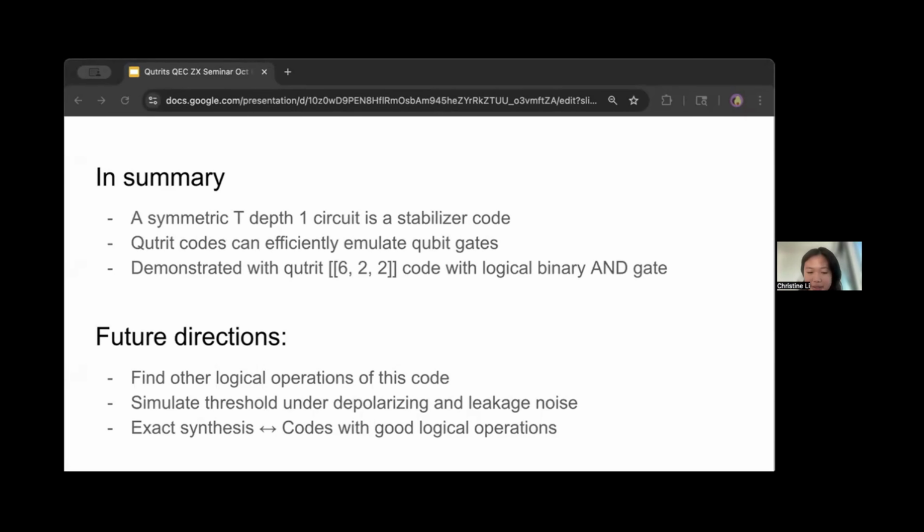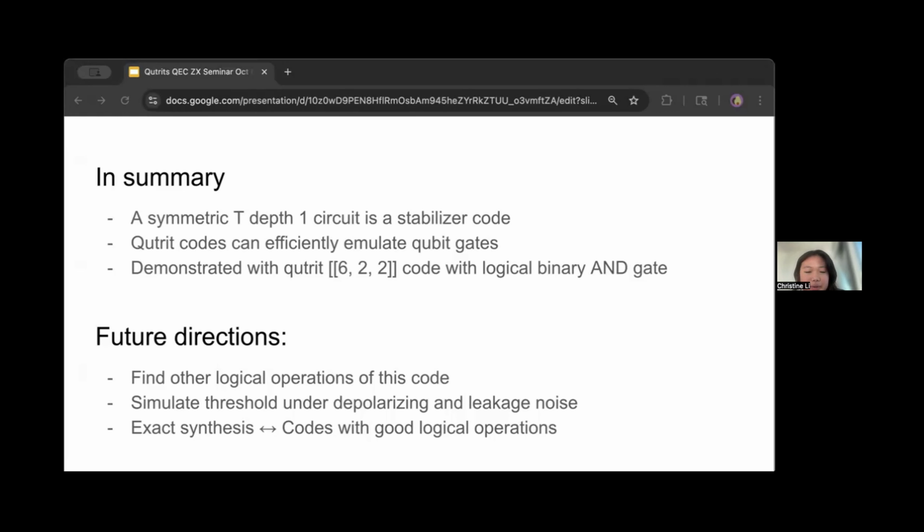Some other things that we're looking at is, first, finding other logical operations of this code. We know that it has the AND gate, but it doesn't have, for example, a Hadamard gate. So what else can we combine it with to get universal computation?